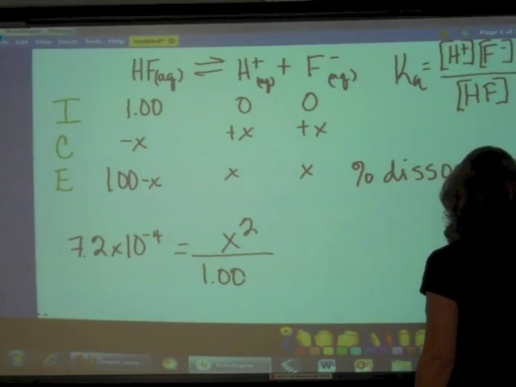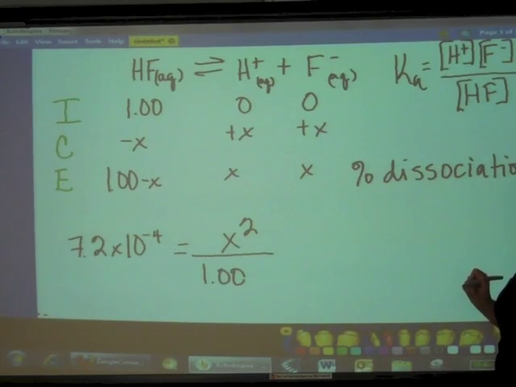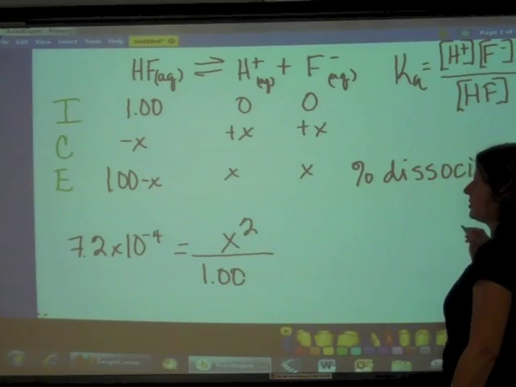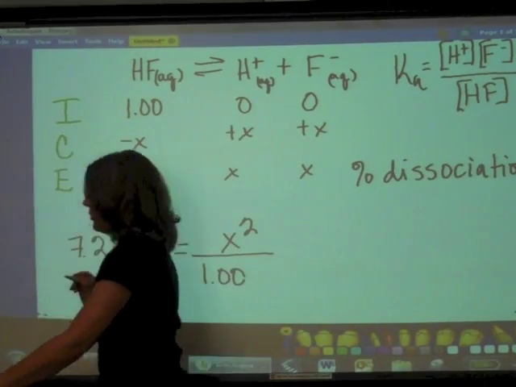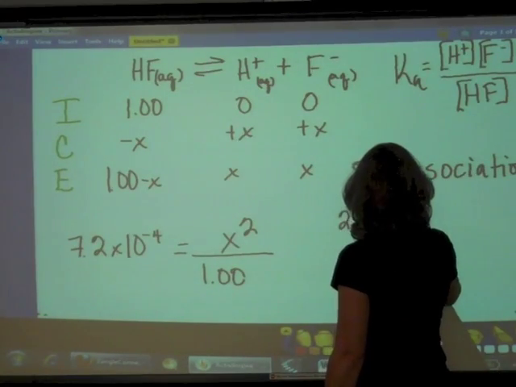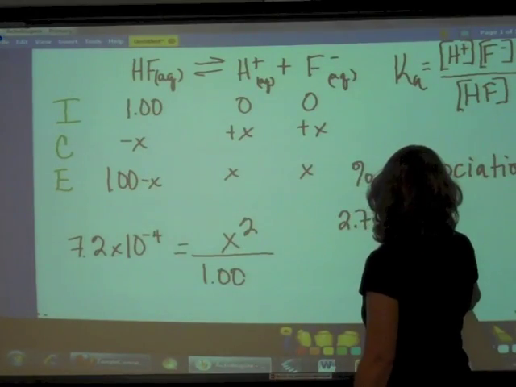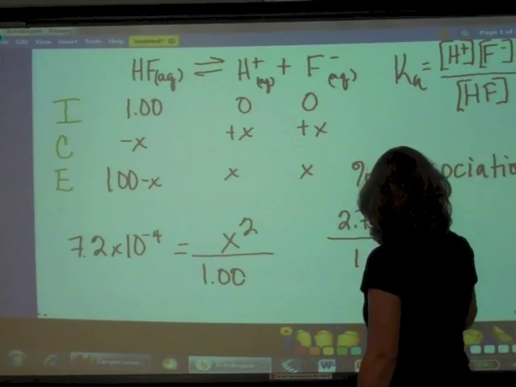Right now what we're doing is we're just trying to find out whether it was okay to throw out the x to avoid the quadratic. All right, so percent dissociation is going to be however much dissociated, which was 2.7 times 10 to the minus second, divided by 1.00.